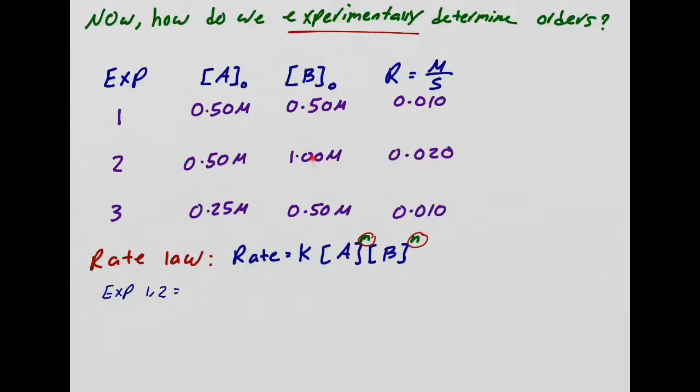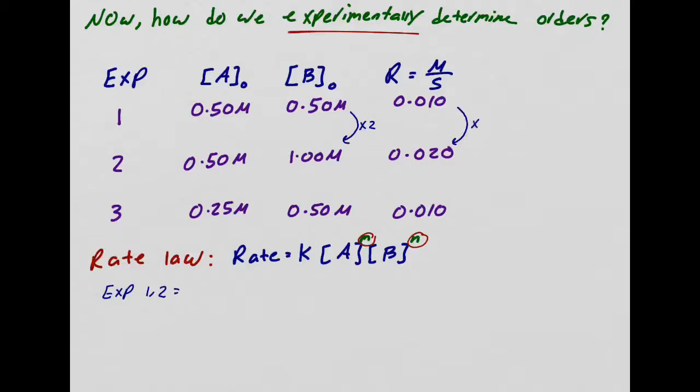So what's going on in B right here? If you look over here, the B concentration went from 0.5 to 1 molar. They multiplied it by 2. Do you agree? Now, what happened to the rate when they doubled the concentration? The rate also doubled, didn't it?